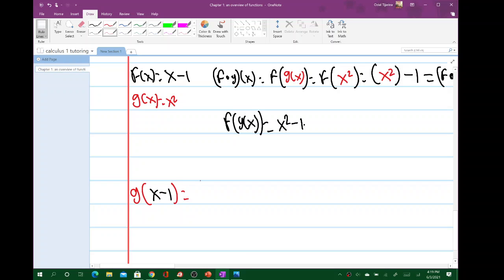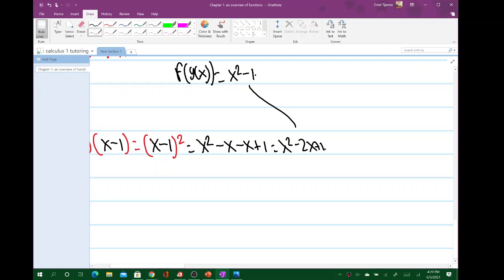This is going to equal the quantity x minus 1 squared, which is x squared minus 2x plus 1. So are these two identical? If you think about it, are they the same thing? Are they an identity, basically?